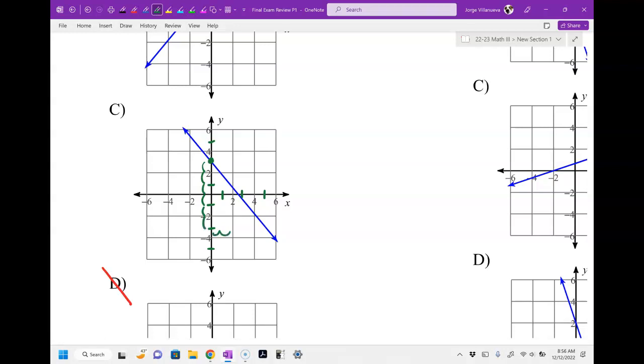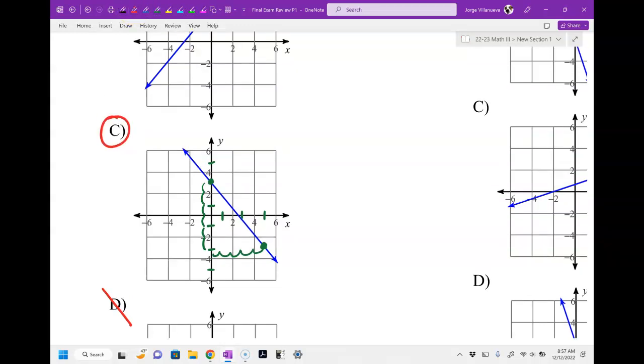So 1, 2, 3, 4, 5. So that looks like it went through the right places. When I stopped going down 6 over 5, I landed right on the line. And I did start at 3. That looks like 3. So I would say my answer is C.